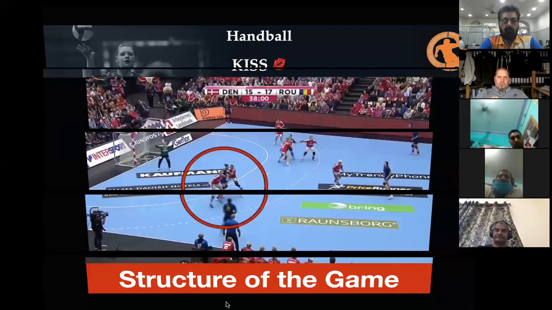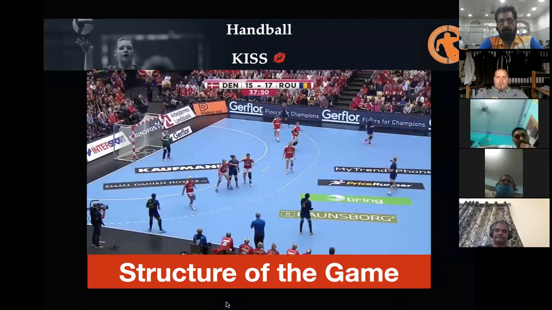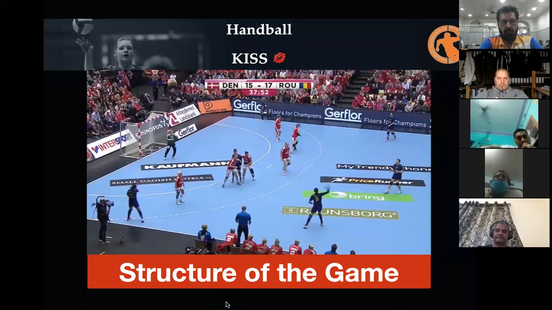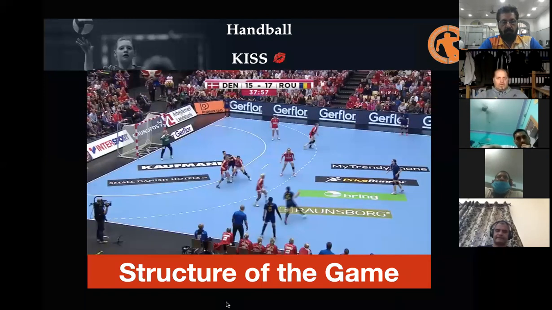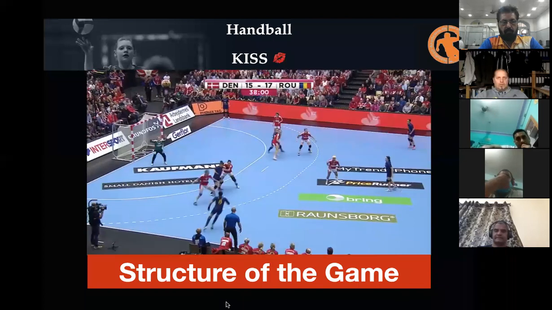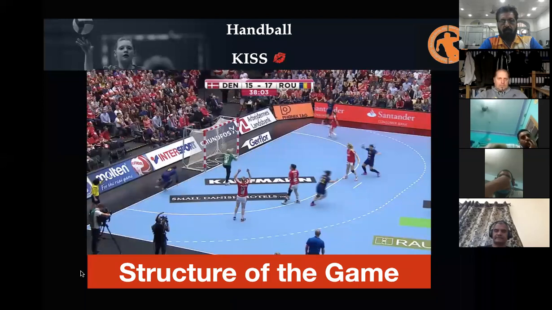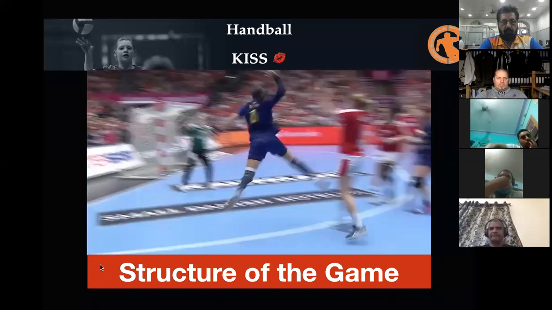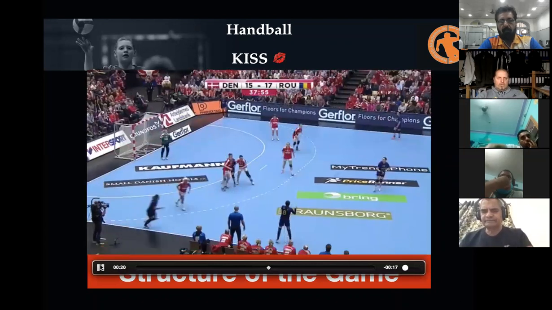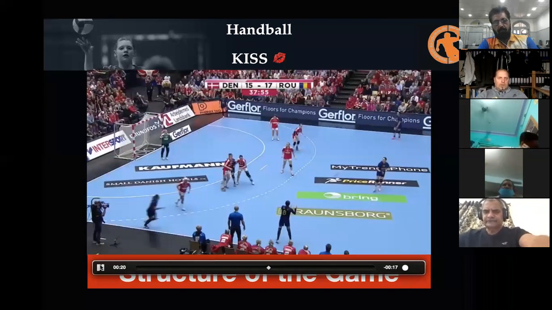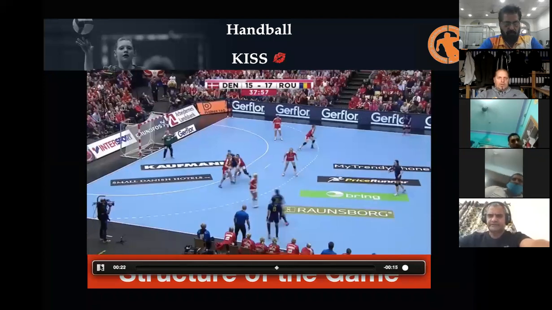One more time, you see the one-on-one situation from Neagu, the left back player from Romania, who is using that 2-on-2 situation for a one-on-one breakthrough to the left side. And once again, with the slow motion, now we have the situation 2-on-2.